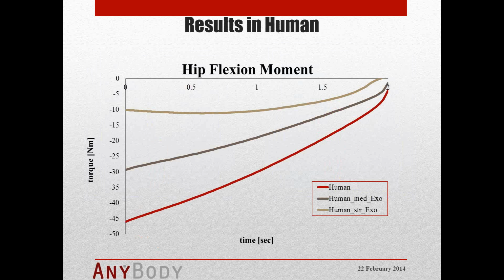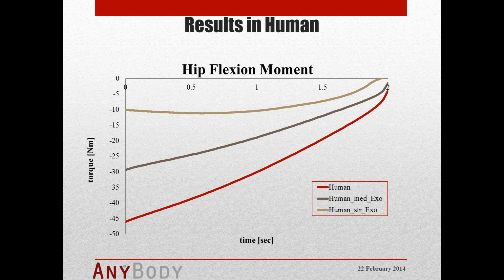First let's focus on the human being. We look here at the hip flexion moment. What does the human being have to produce for torque in this case? We look first at the red line. The human itself, without the exoskeleton, has a torque starting at 45 and going almost to 0 in the hip to do the sit to stand motion.